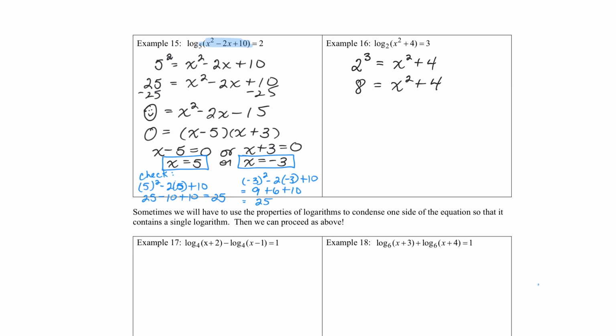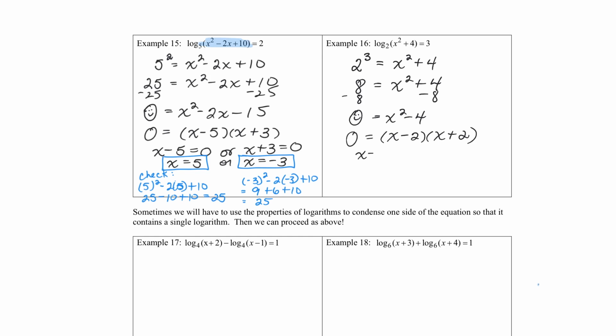So now I have, again, a quadratic equation, and I'm going to subtract 8 from both sides. So 0 equals x squared minus 4. And this is a difference of perfect squares, right? So it's going to factor to x minus 2 times x plus 2.